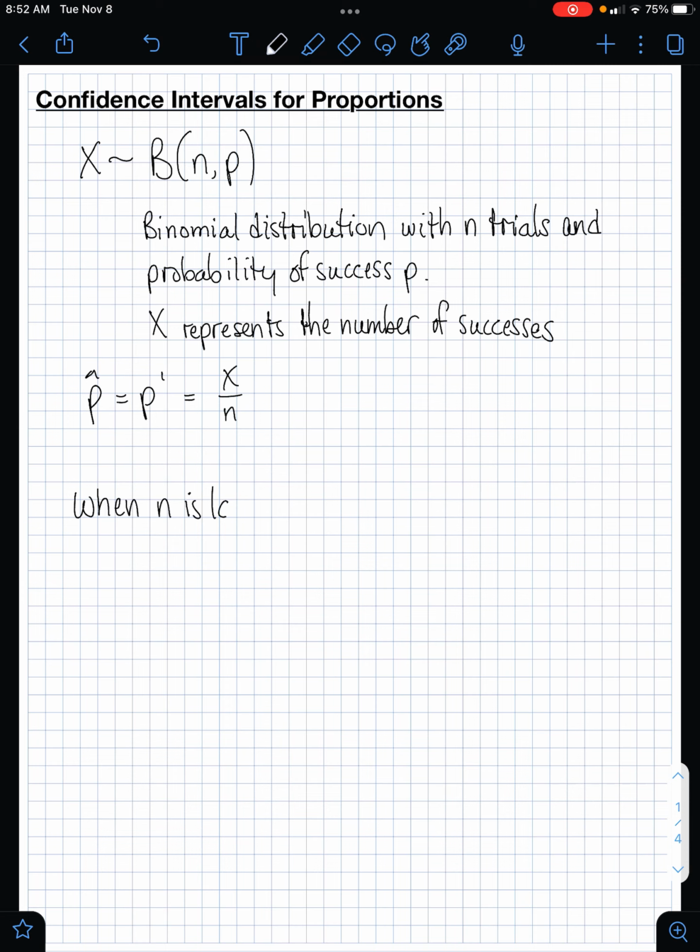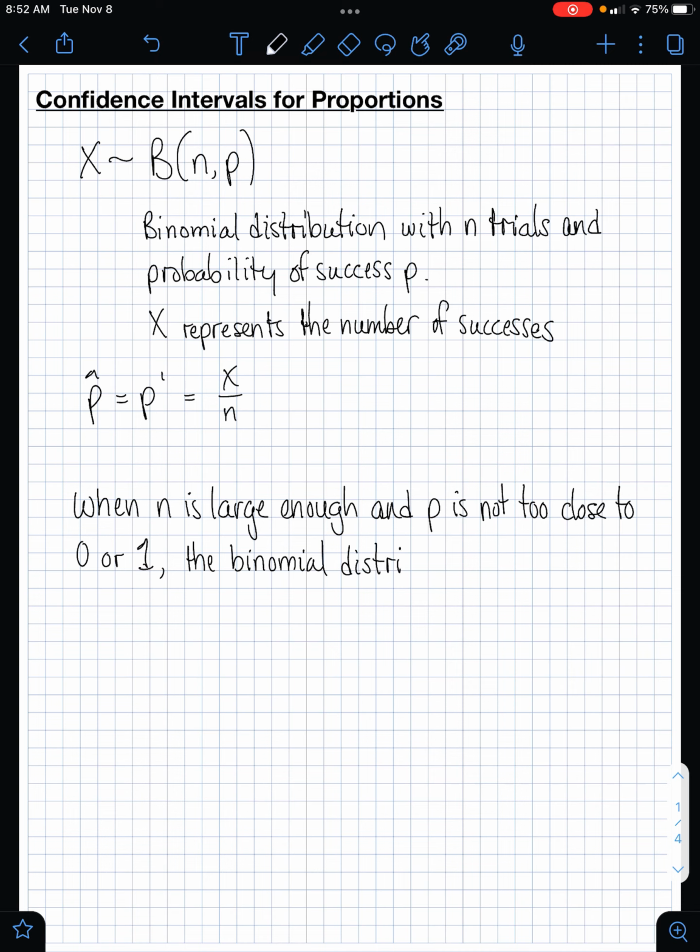When n is large enough, and p is not too small or too large, X has a binomial distribution with parameters n and p.